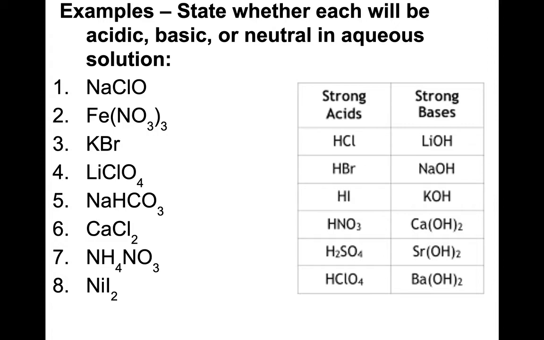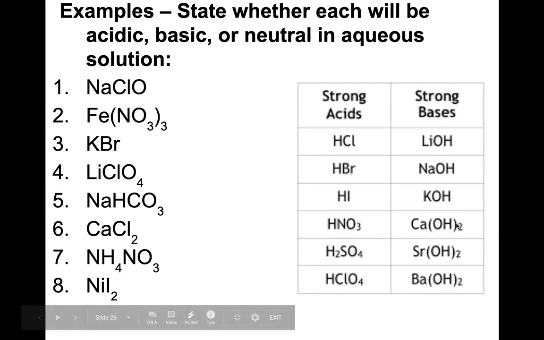Alright, so to talk through the first one, if we're looking at this first salt example, we've got sodium, and so that's going to be our cation. So what we're doing is we're going to look at our strong bases and consider whether sodium is the conjugate acid of any of our strong bases. And like I said, you will eventually want to be familiar with these so that you can have these memorized, since you won't always have a reference table.